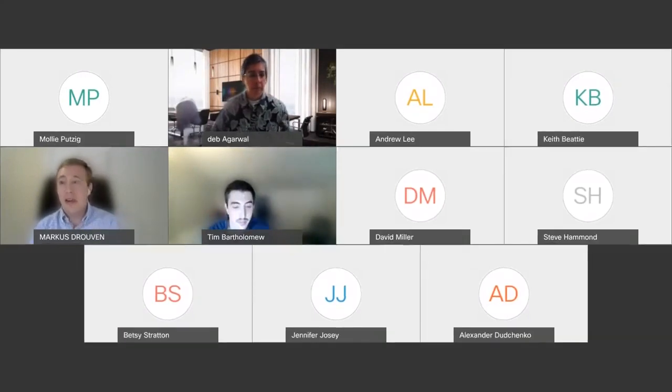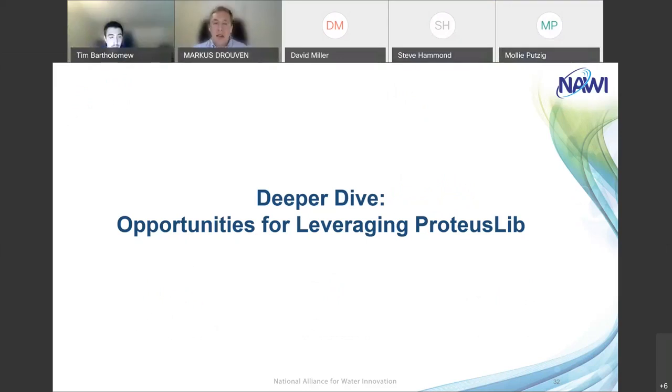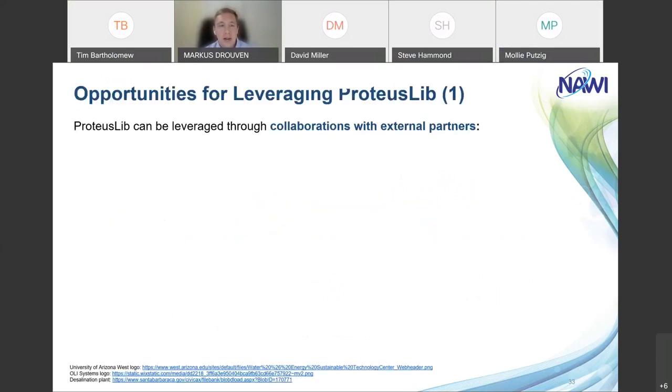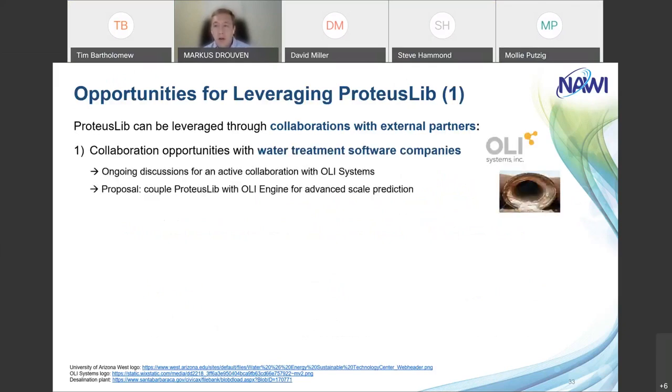All right. So yeah, Tim just talked to us about how we can use ProteusLib to do some really nice analysis. I want to try to focus on some of the other opportunities that we've identified for leveraging ProteusLib going forward. So one avenue that we've started exploring is to use ProteusLib to collaborate with our external partners. As an example of that, we've been having early conversations with one of the leading water treatment software companies, OLI Systems specifically, about coupling ProteusLib with their framework.